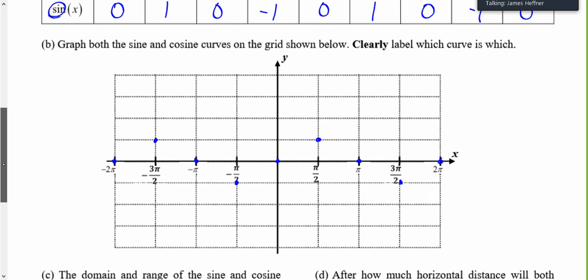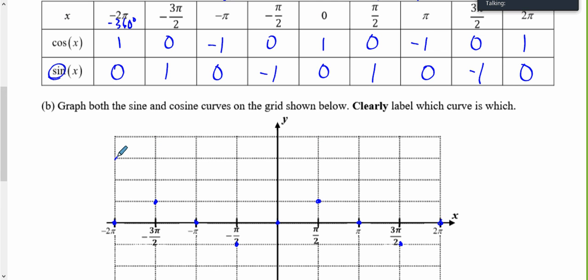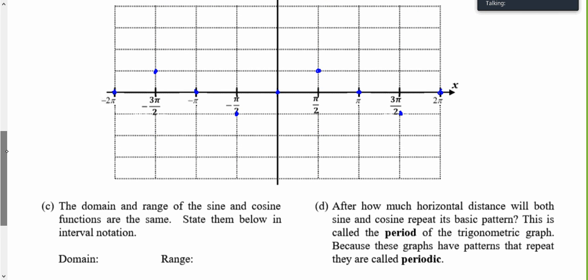It's not going to be straight lines. So we're going to go up here like that. Okay? So here is the graph of y equals sine of x.